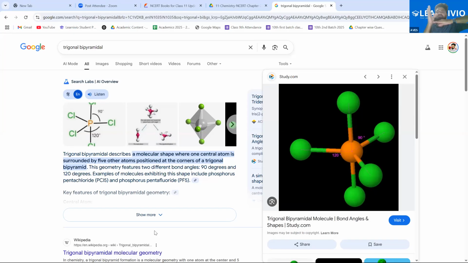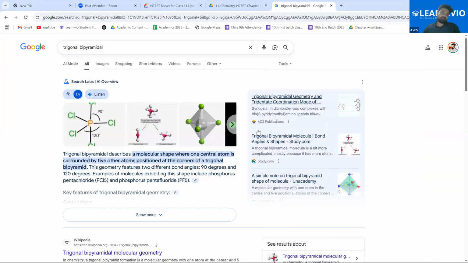Understood? Got it? Yes, sir. If I have two fingers like this, they have 120 degree, but if I make a finger like this, the perpendicular finger with the perpendicular hand will have 30 degree. Understood?